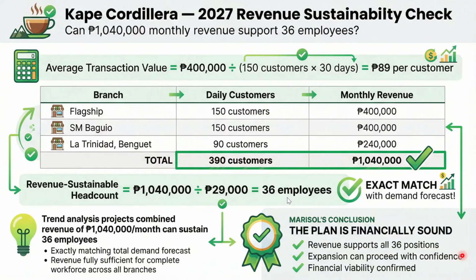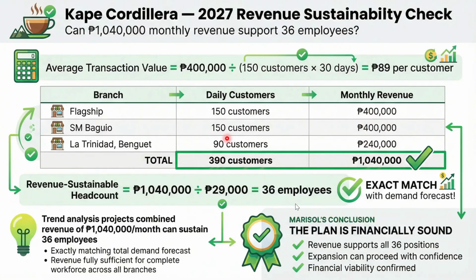Okay? So, by using ratio analysis to determine kung ilan yung kailangan niyang empleyado to operationally run all 3 branches, 36 yon. The trend analysis confirmed that the business can afford 36 employees financially based on projected revenue.